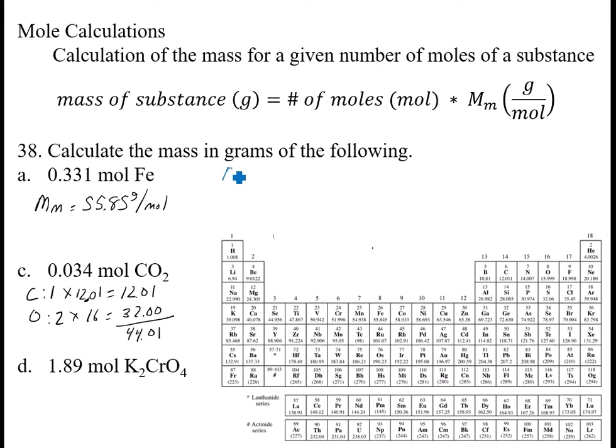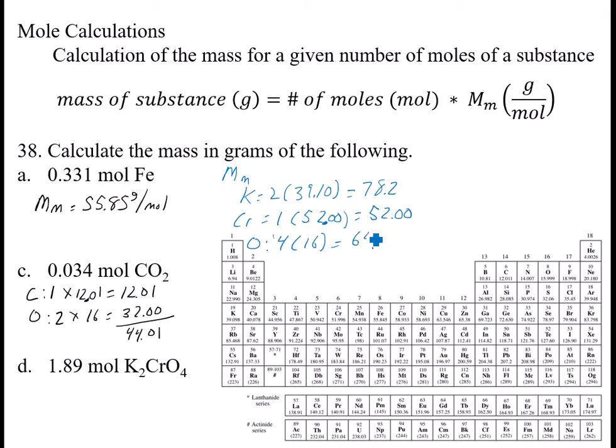So the molar mass, I have potassium is 2 times the 39.10 to give me 78.2. The chromium is 1 times the 52, gives me 52. And oxygen, there are 4 of them, times the 16 gives me 64. So the molar mass of this compound is 366.